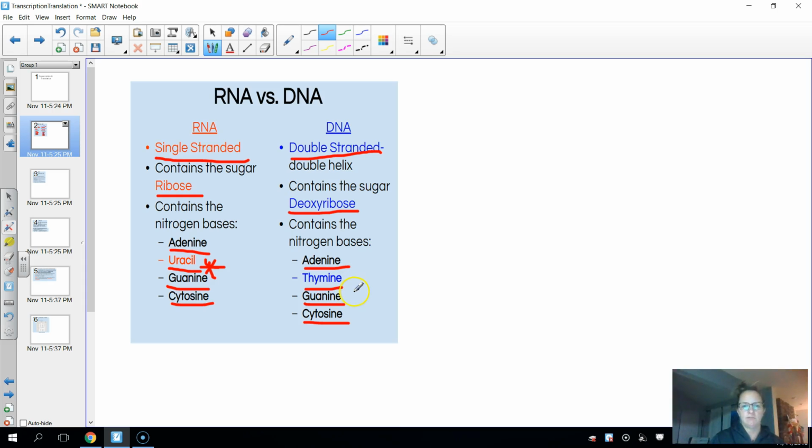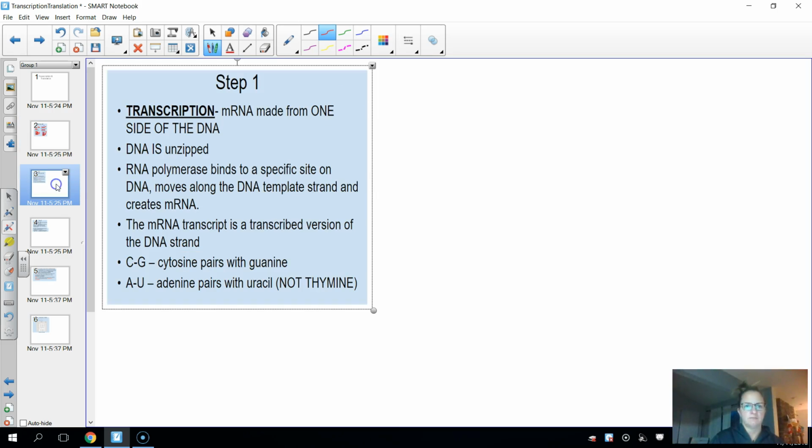Cytosine without guanine would feel very bare. When DNA is transcribed, it gets transcribed into RNA. Wherever there is an adenine in DNA, there's no thymine in RNA, so you would use a uracil instead of thymine when doing the pairing, and we'll get into greater detail with that in a minute. Make sure you write all that down.